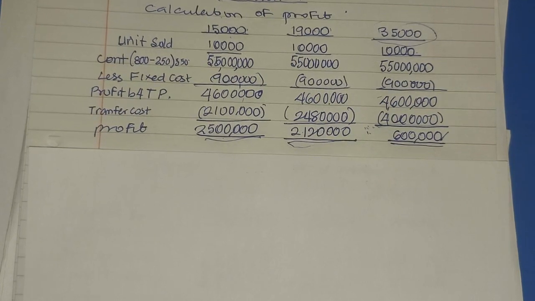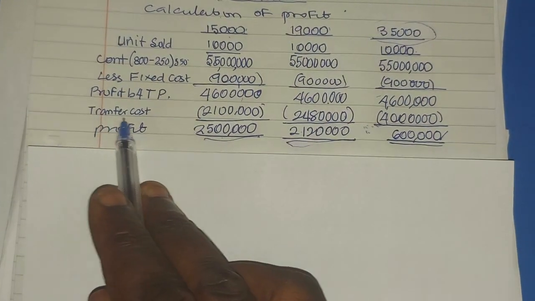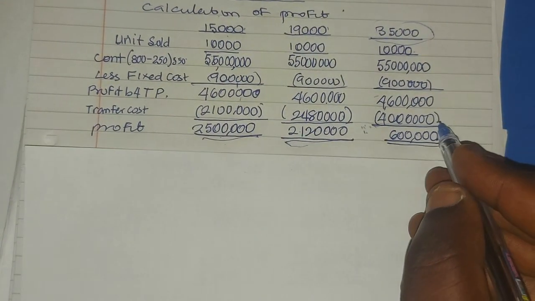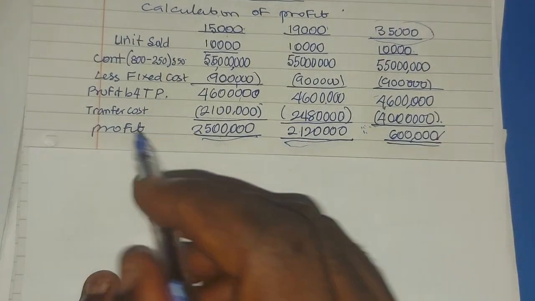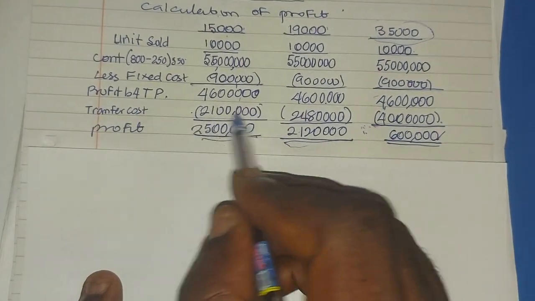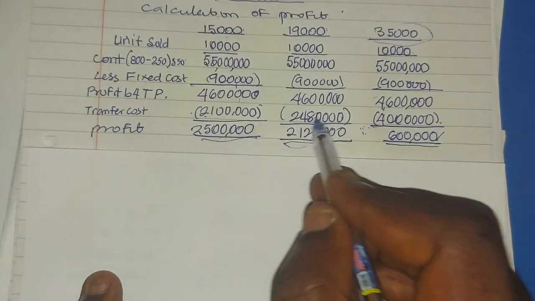Now, looking at the previous question A, look at the transfer cost. That is when the group policy is obeyed. So in the last video we calculated the transfer cost.